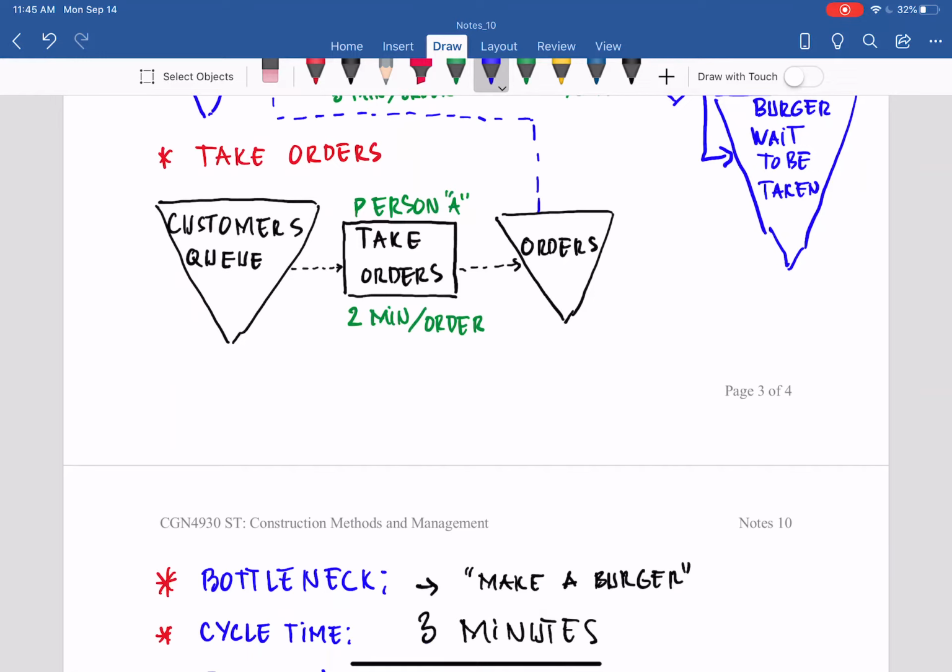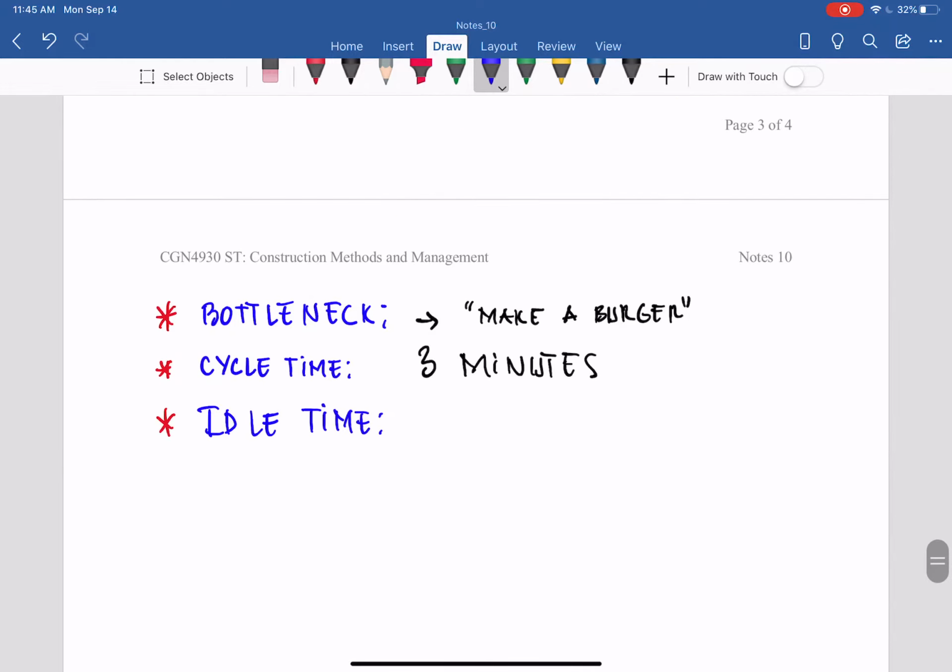For every 3 minutes, they wait 1 minute and only do 2 minutes of work. So person A will be idle one minute out of 3, which is 1/3 of the time.